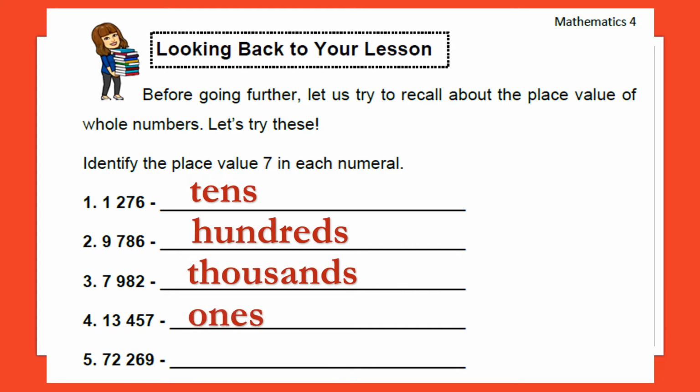Fantastic! It's ones. And number 5, 72,269. What is the place value of 7? Also correct. Nice one, class. The correct answer is 10,000. So you already recall the place value of a whole number.